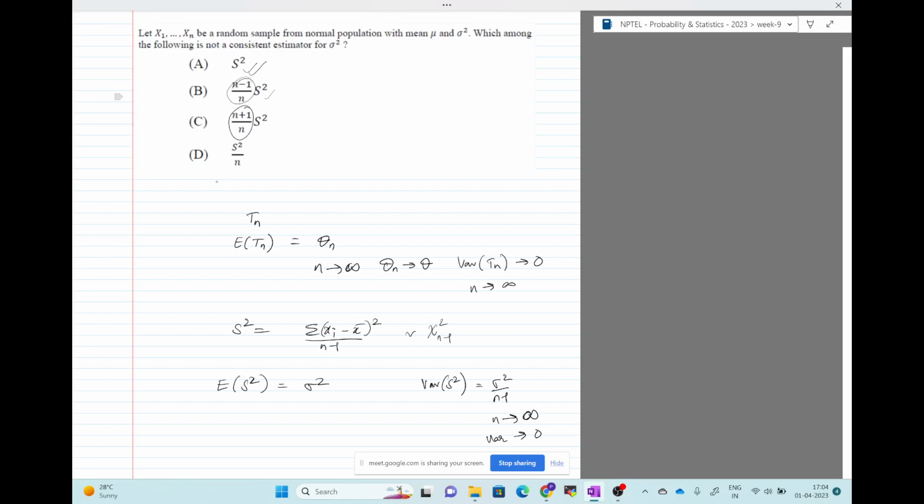For this term also, as n tends to infinity, it will tend to 1, and this will tend to sigma square. But for this term, this will go to 0 as n tends to infinity. So this is not consistent.